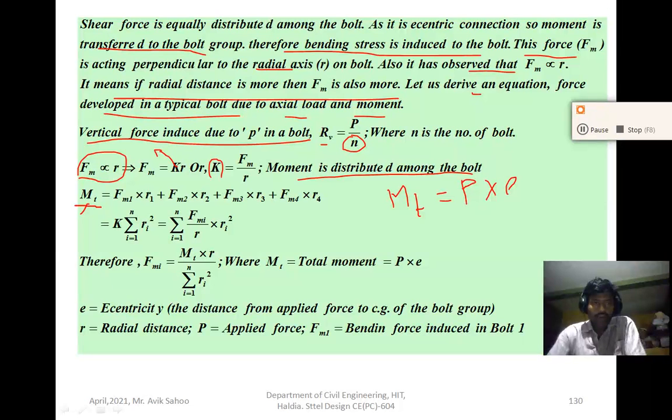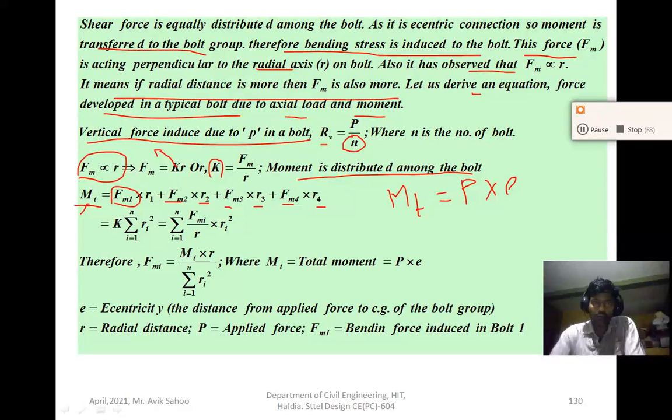So this applied moment is equal to Fm1, the bending force of bolt 1, into R1, the radial distance from CG to bolt 1, plus Fm2, because this is a moment equilibrium, the applied force equals the resistive force, into R2, plus Fm3 into R3, similarly Fm4 into R4.